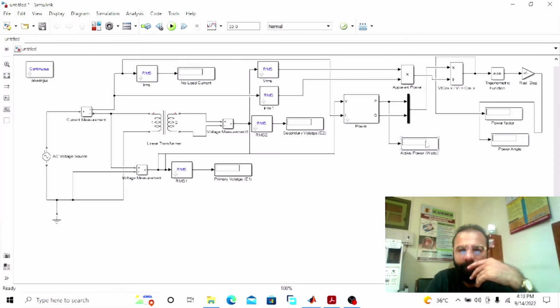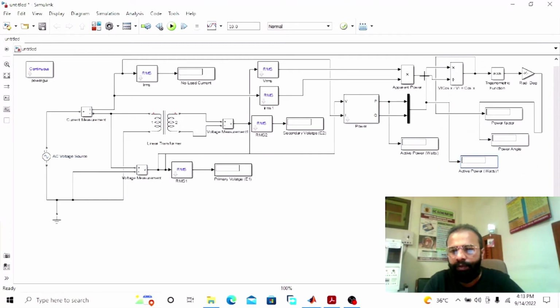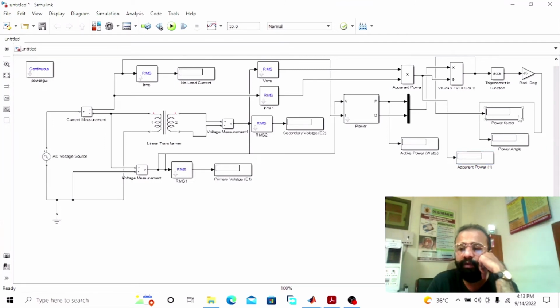So if we connect another display with the output of this apparent power, this will give us the apparent power. This display will give us the result of the power factor.